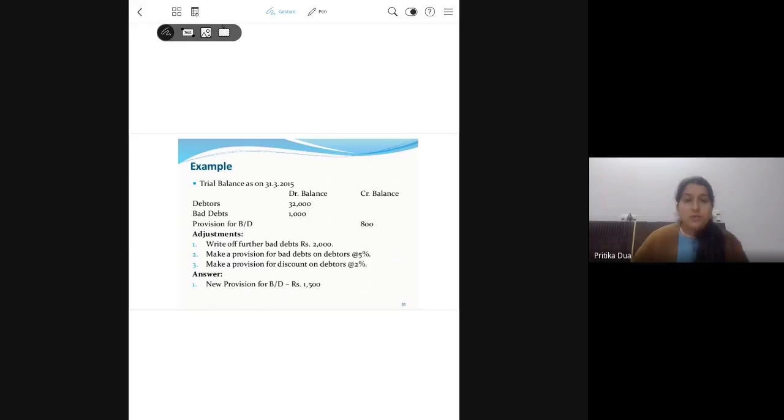So first we will do the adjustment of further bad debts, second provision for bad debts and third will be the provision for discount on debtors.